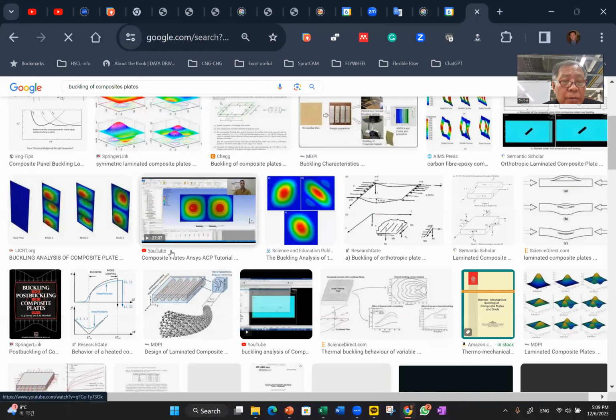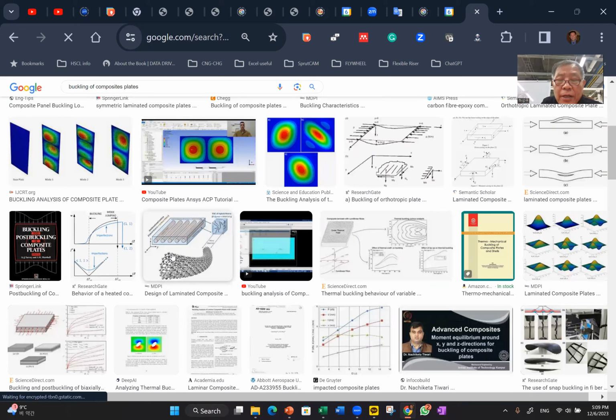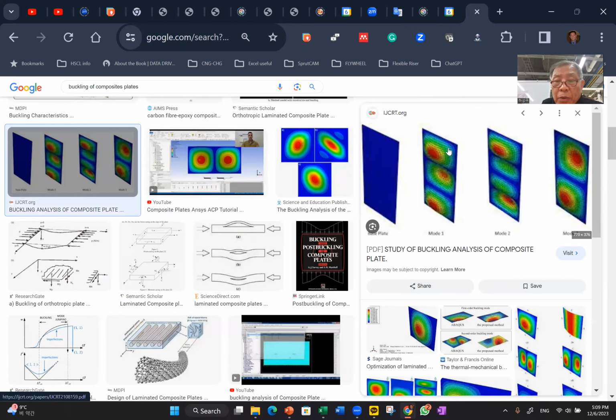So in buckling, of course, all structures have certain buckling behavior, and buckling involves a lot of buckling modes. You need to understand buckling mode and buckling load.